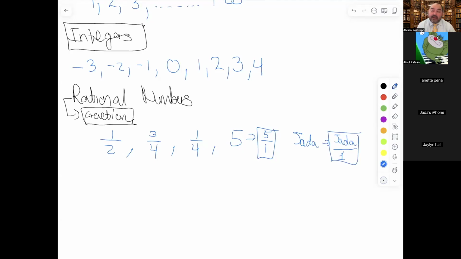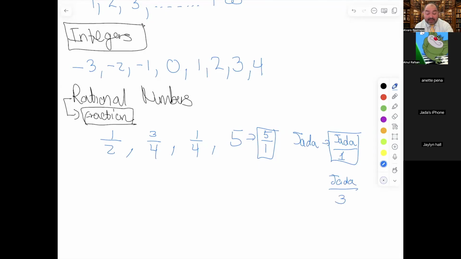So be on the lookout for that. Okay? But I thought your numerator couldn't be more than your denominator. I'm always putting it over 1, so I'm not changing the value. If I put Jada over 3, then that's different, right?